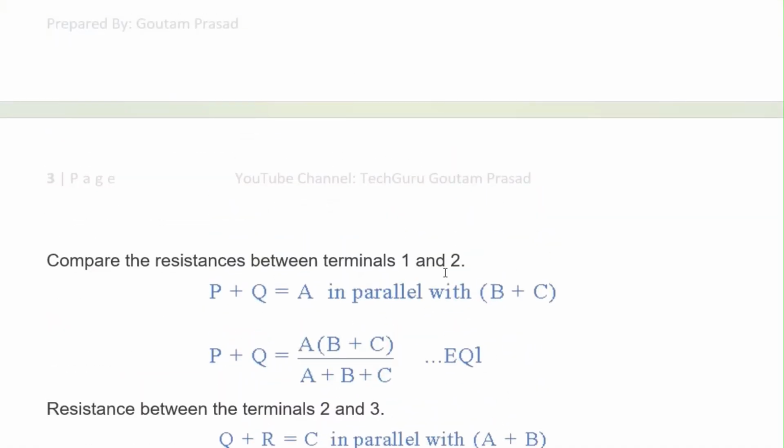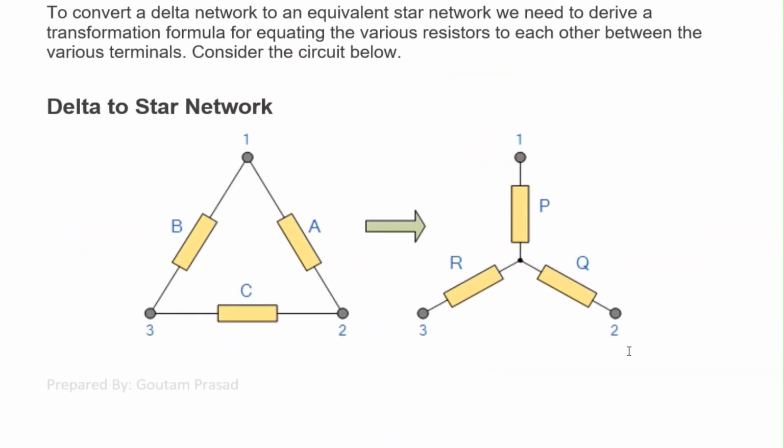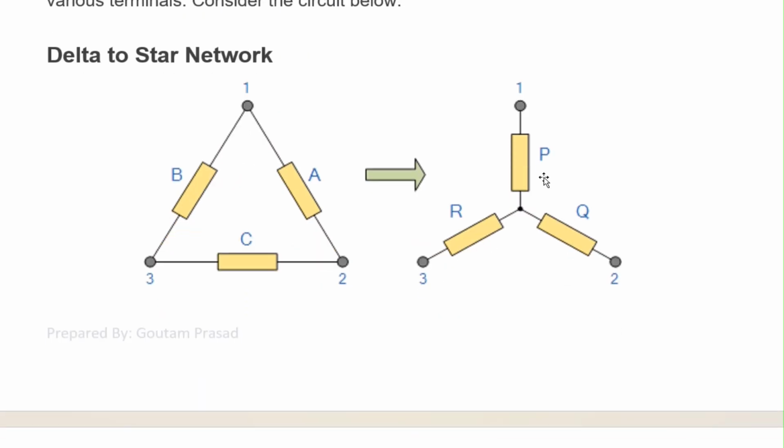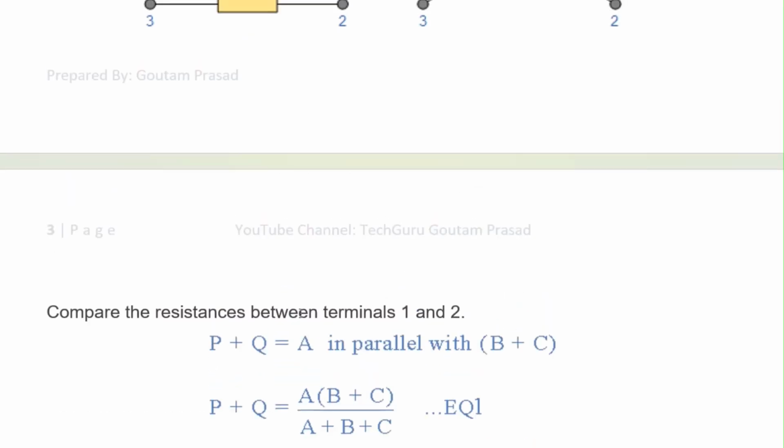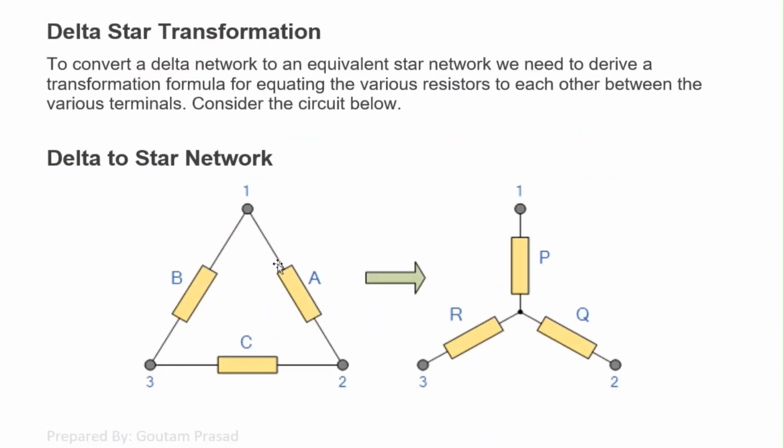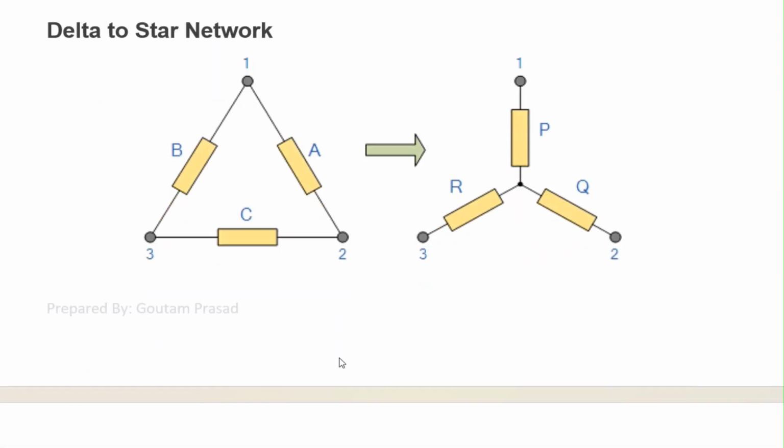If you look at the terminals 1 and 2, then P plus Q, these two resistances, are in series. So you can write P plus Q. And if you look at the two terminals 1 and 2, you will find B and C are in series and they have been placed with A in parallel.